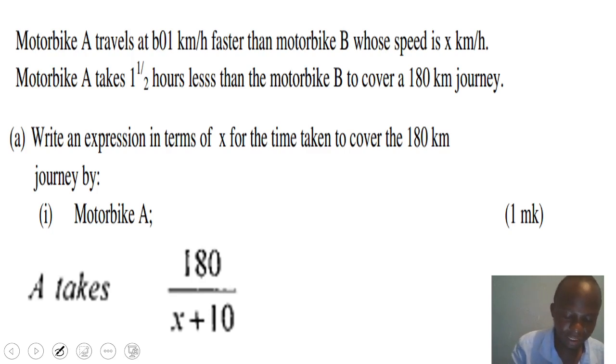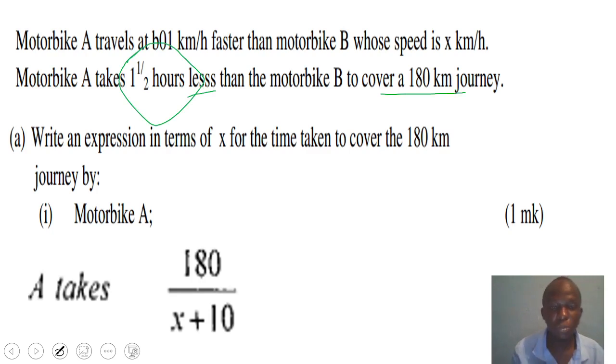Motorbike A takes 1.5 hours less than motorbike B to cover a 180 kilometer journey. So it is the difference in times.